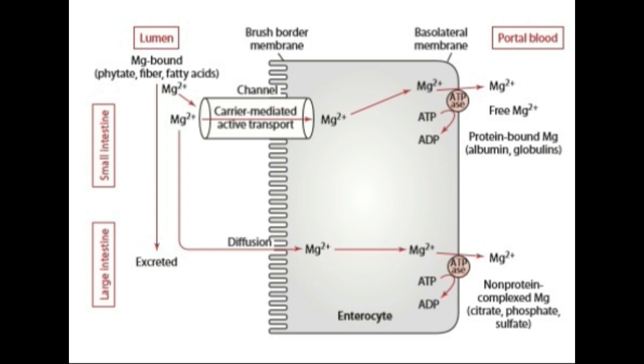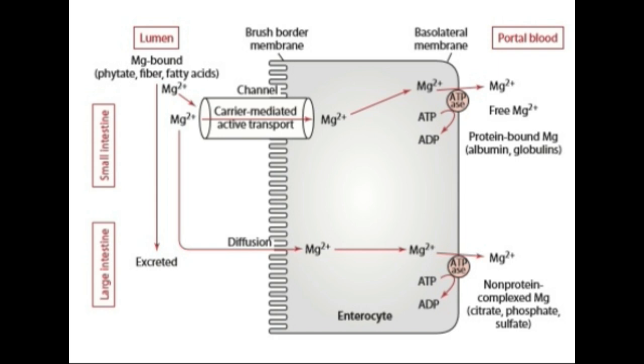The next one is transportation of magnesium in the intestine. Here you see the lumen of the intestine, small intestine, large intestine in this figure. This is the lumen, and we have the ion channel.